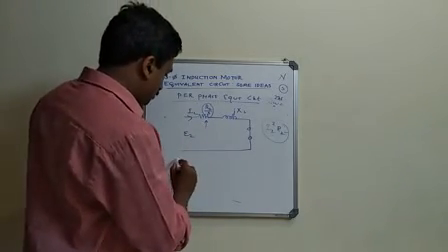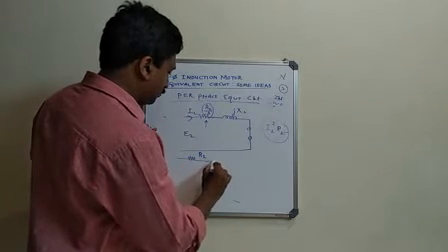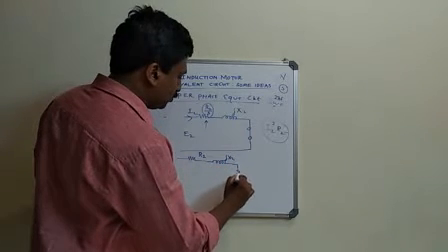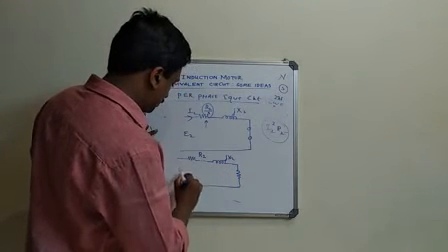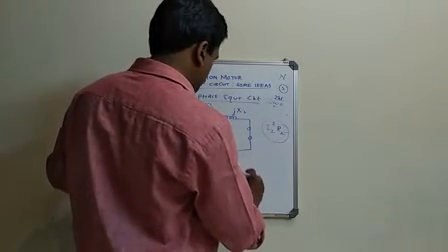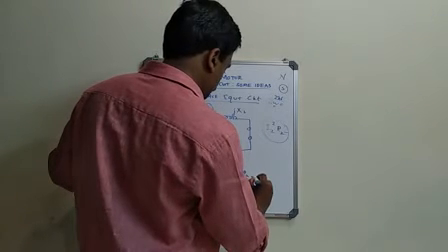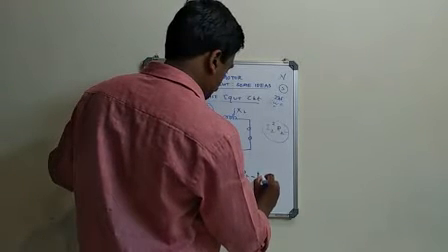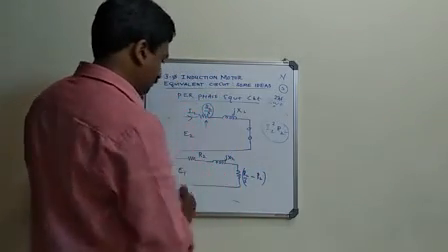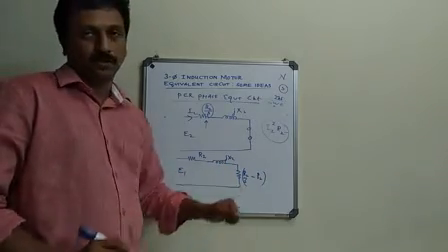Now, if you split this up, say R2, jX2, R2 by S minus R2, you get something like this.